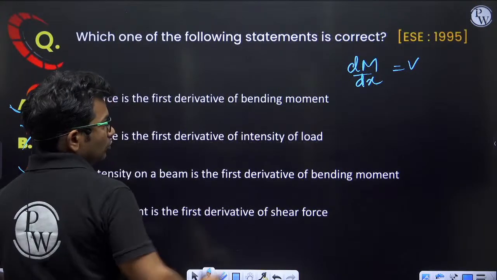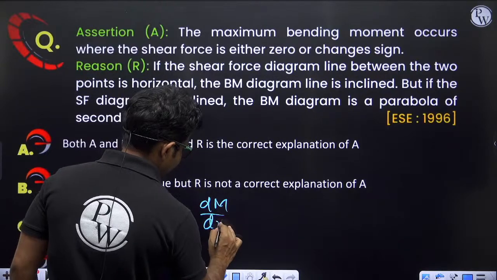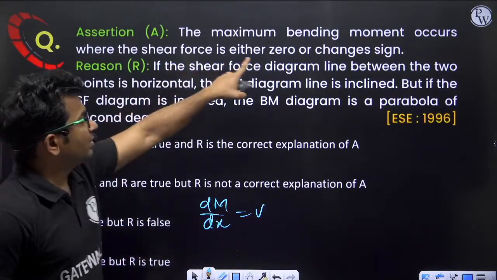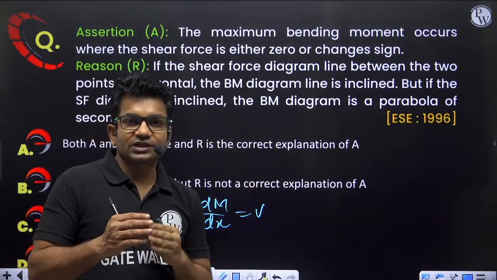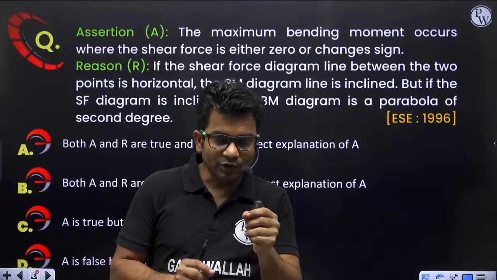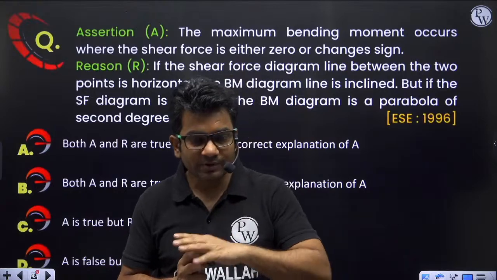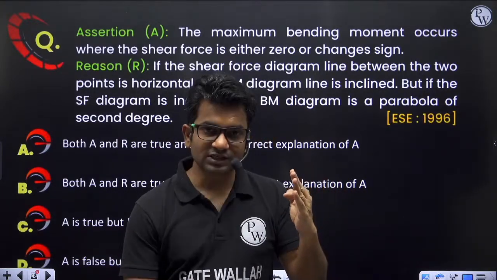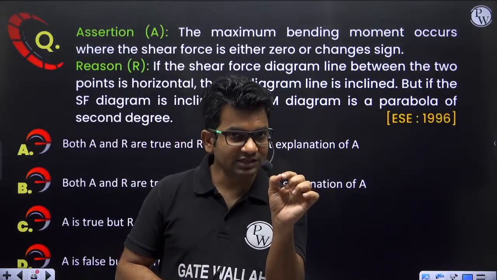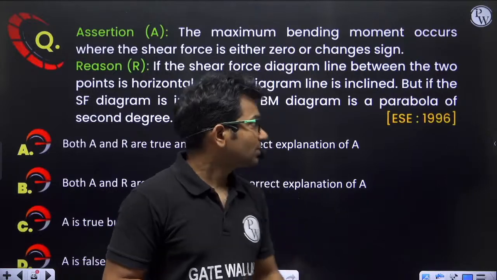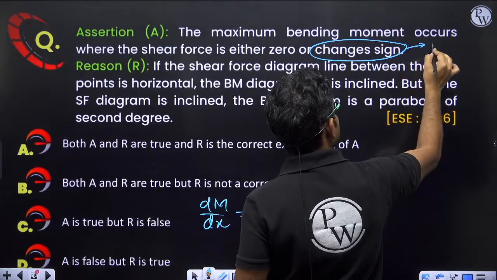So we know that the first derivative of bending moment is shear force, dM by dx is equal to V. Now if shear force is changing sign at any point, either from positive to negative or from negative to positive, at the point at which it is changing sign, it is becoming 0.